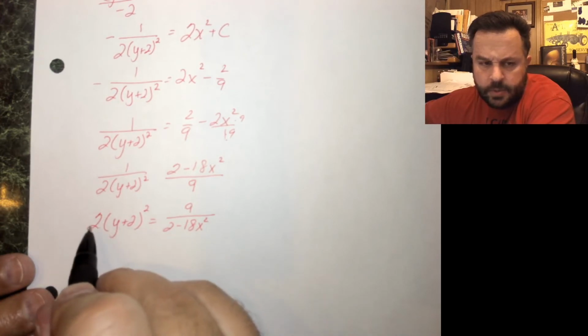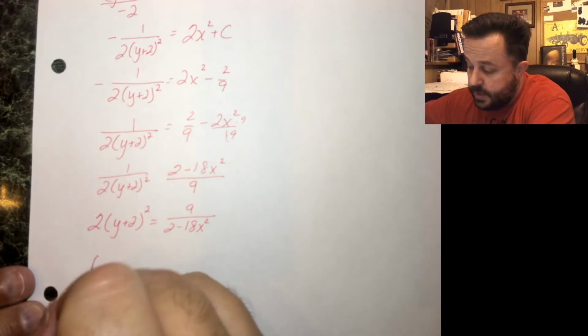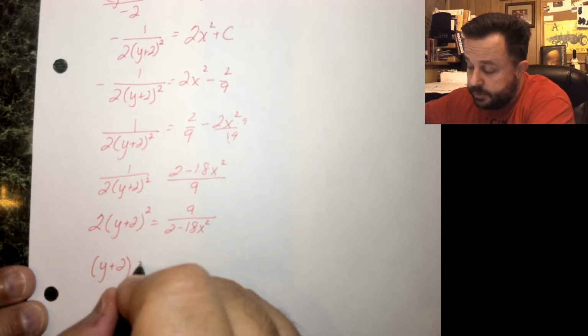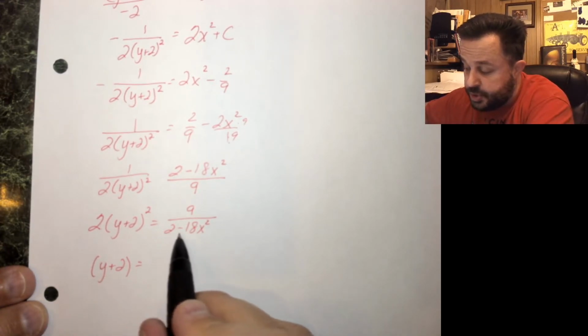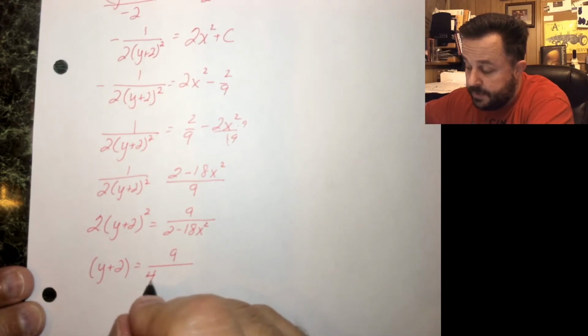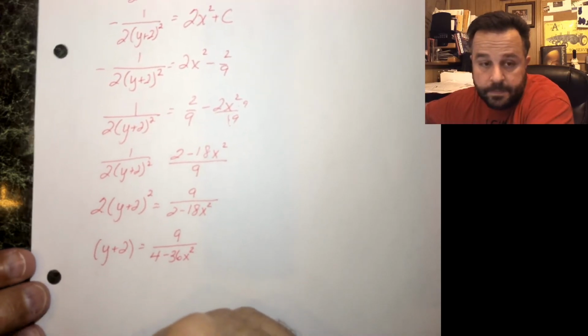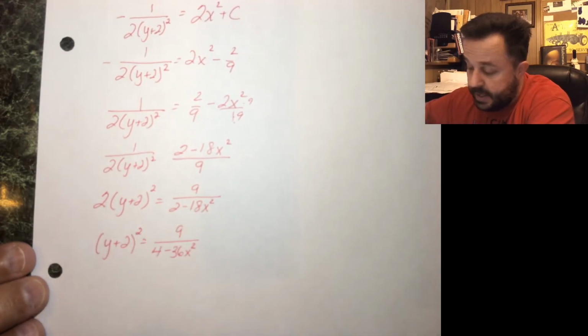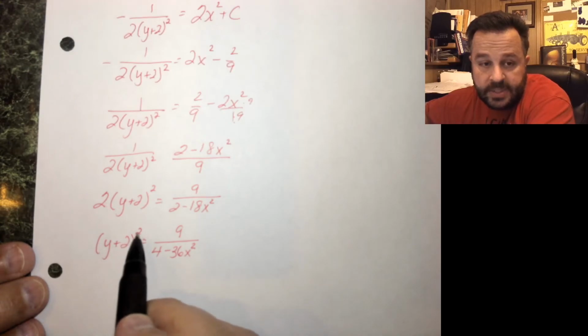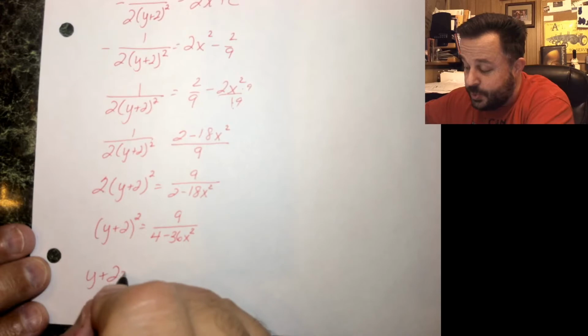Divide both sides by 2, or better yet, let's just multiply by 1/2. So I have (y + 2) squared. Multiplying by 1/2, I'm just going to distribute that 2 across the denominator. So I get 9 over 4 minus 36x squared, and this should be squared back here. Now we take the square root. So we get y plus 2 equals.